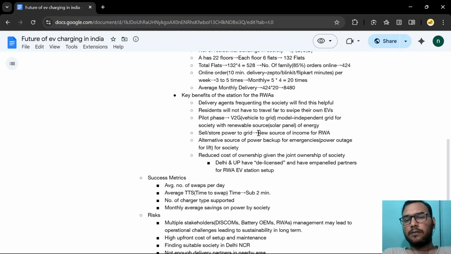But this is something that has to be looked into, because many utility companies are government-owned, although in many cases they are operated by private parties. The transfer of power from the residential society back to the grid requires technology called vehicle-to-grid, V2G.